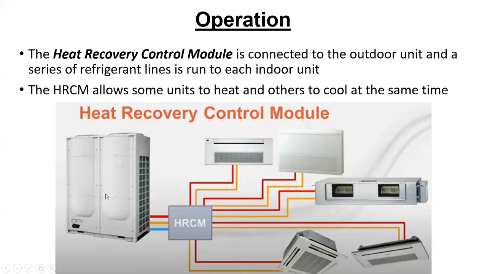Hot gas to an indoor unit if it needs heat, or you need to be able to supply liquid that then it'll put through an expansion valve that's going to get cold, and so then that indoor coil would be the evaporator and would provide air conditioning. And then you have to have a return line to get the refrigerant back to the outdoor unit so it can be recycled.